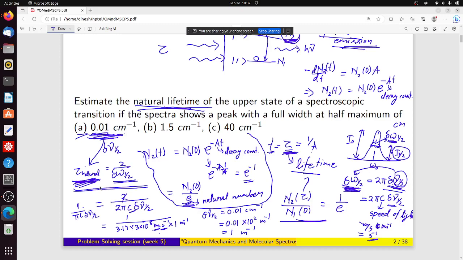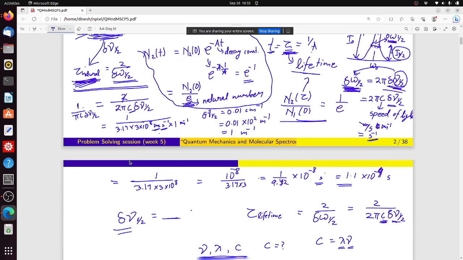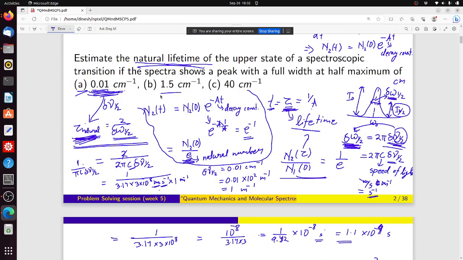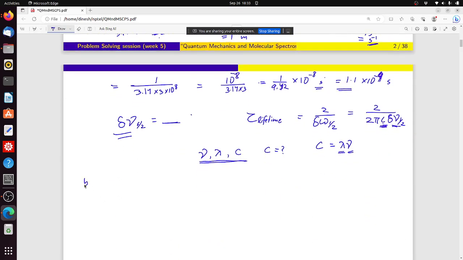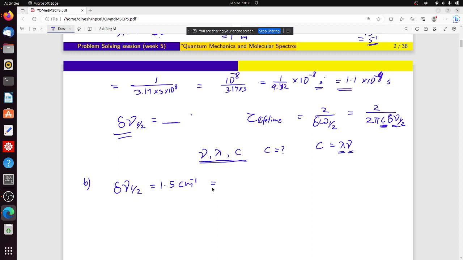Okay, sir. Okay, so next the value is only changing, so you can do this. For B case, this delta lambda half is 1.5 centimeter inverse. You have to just convert it to meter inverse. So this will be 1.5 10 to the 2 meter inverse.